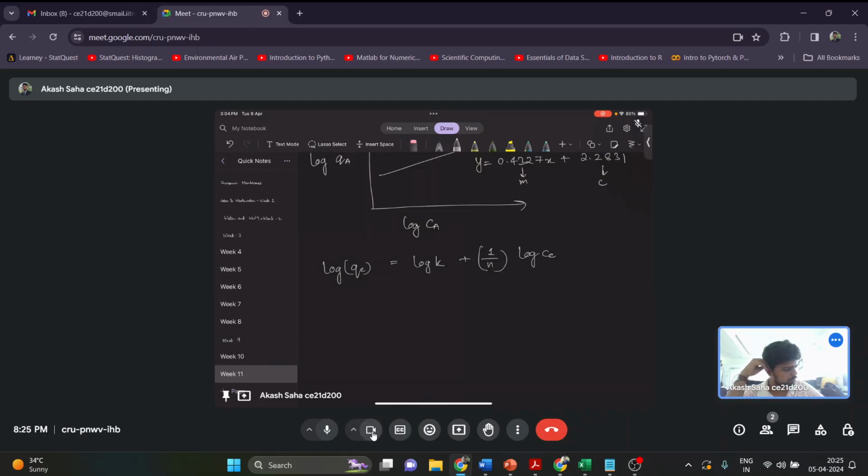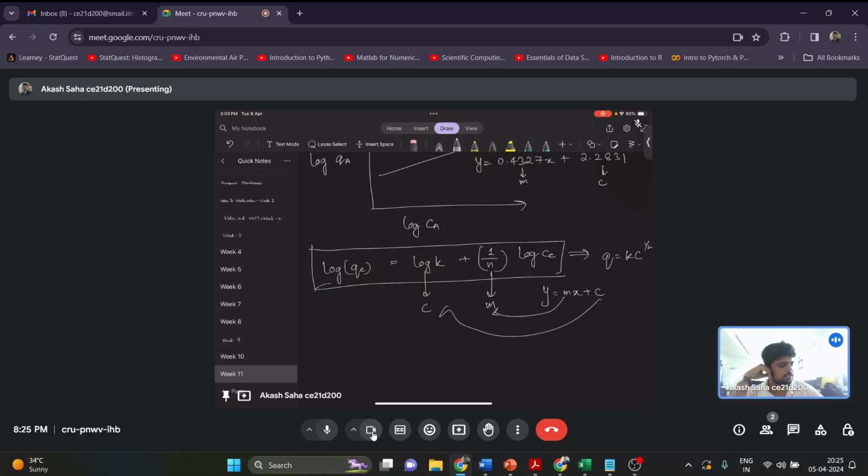This is coming from Q is equal to K C to the power 1 by n. So if we just put log on both the sides, we will get this equation. Fine. So again, this is my slope m, this is my intercept c. So y is equal to mx plus c.